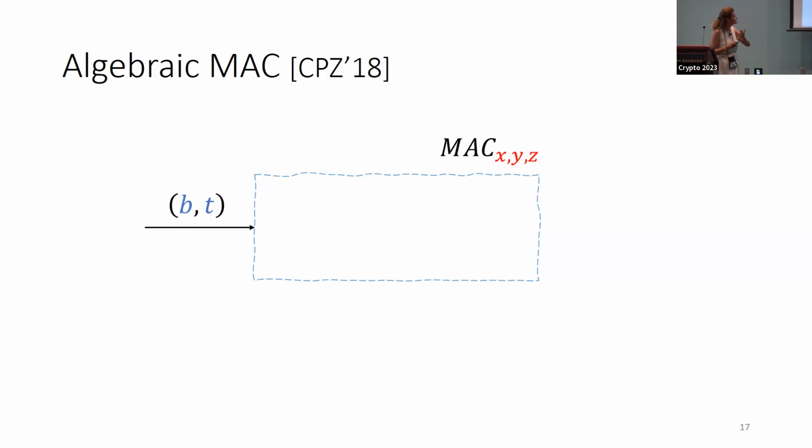Now I would like to switch to the protocol itself. The protocol is going to use an algebraic MAC from a previous work from 2018.